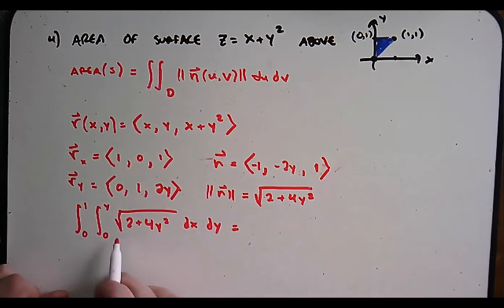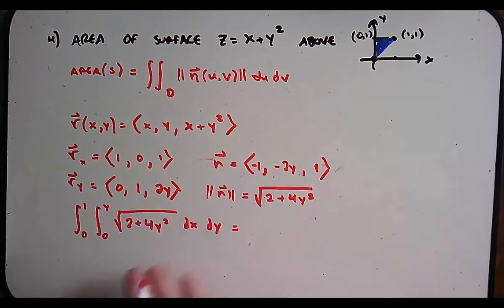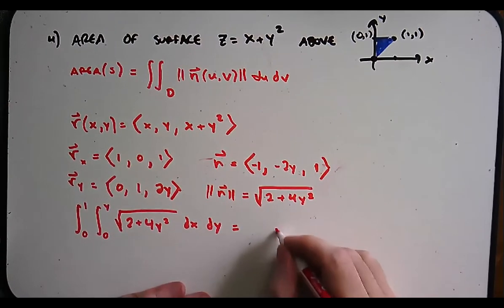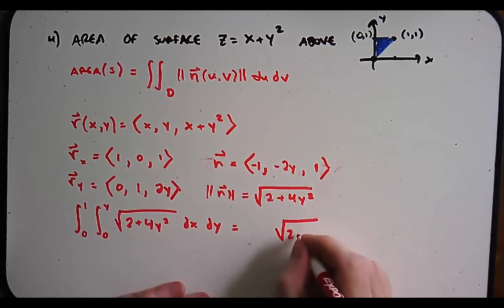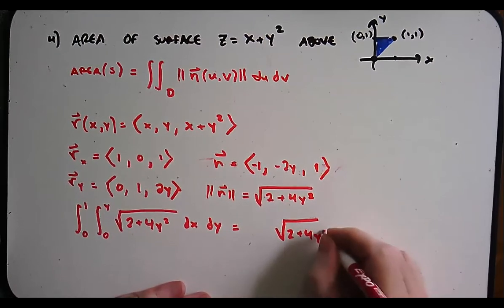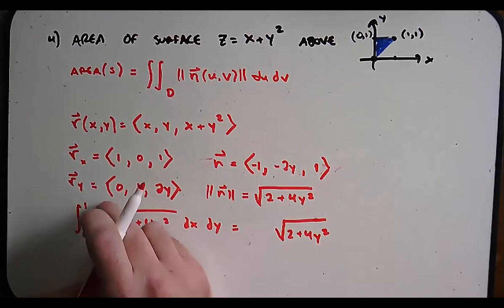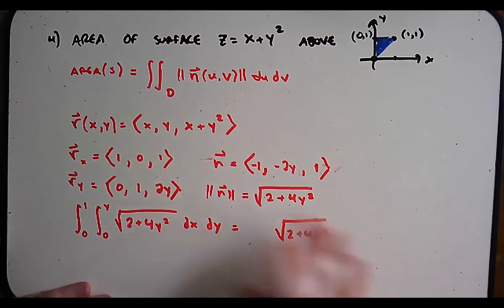Okay, so since we don't have any x's here, that inner integral is going to be pretty straightforward. It's just this constant times x evaluated at 0 and y. So we would have our constant, the square root of 2 plus 4y squared, times x evaluated at y and 0. Well, if x is 0, the whole term disappears.